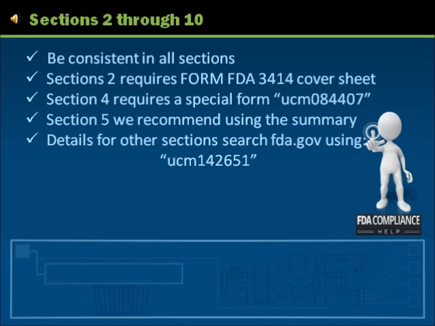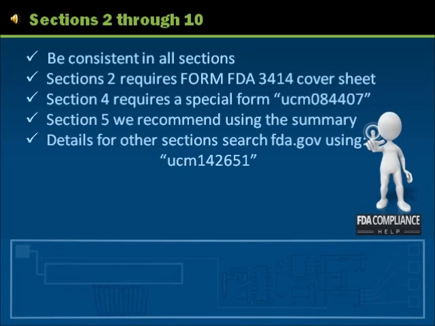3514, the 510K cover sheet. Section 4, Indications for Use statement, requires a special form UCM 084407. It can be downloaded from the FDA.gov website. The indications for use statement should be exactly the same as the predicate device, or at least very similar.